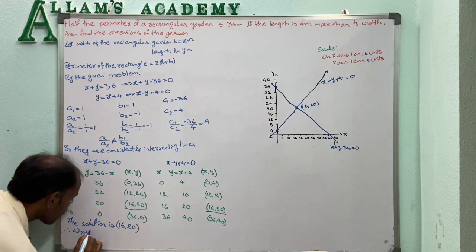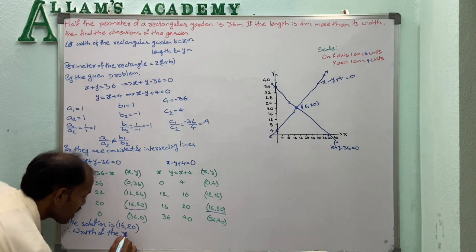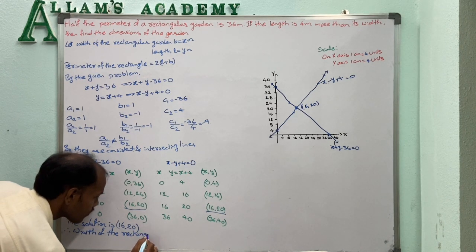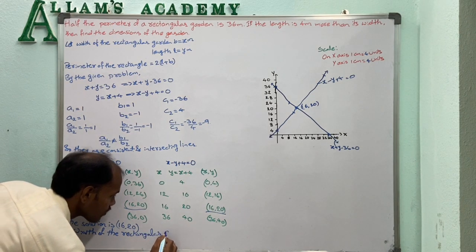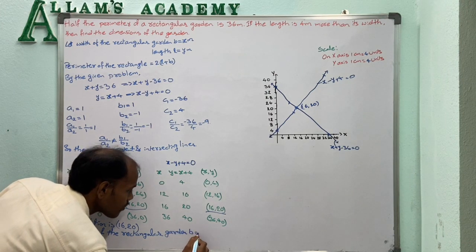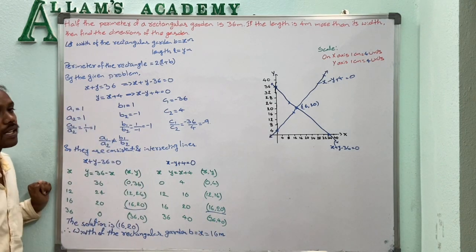So therefore the width of the rectangular garden, b equal to x equal to 16 meters.